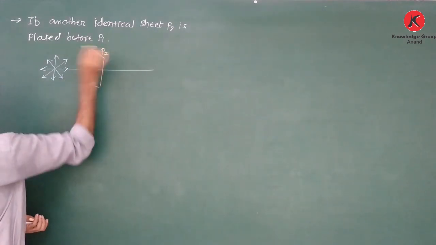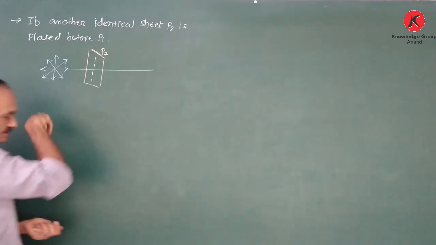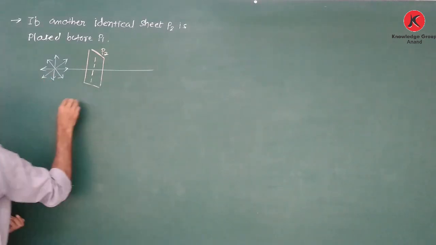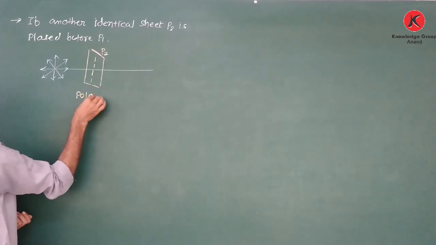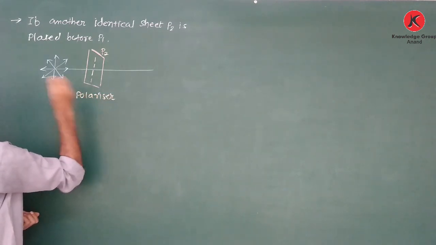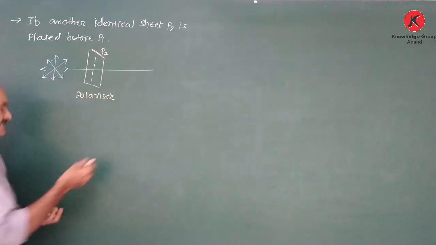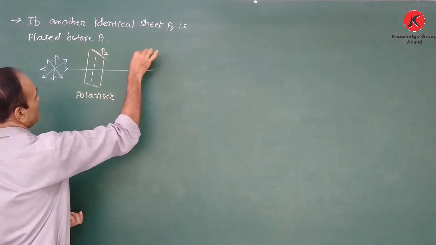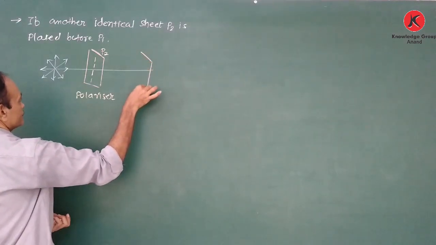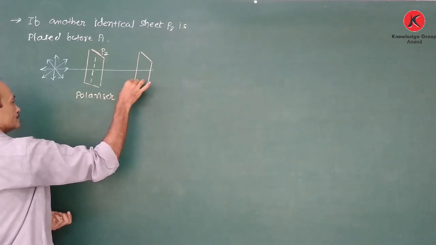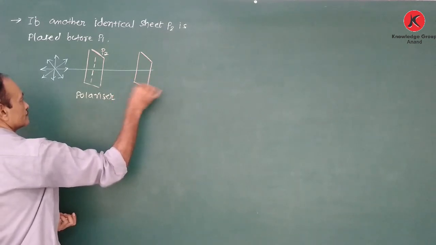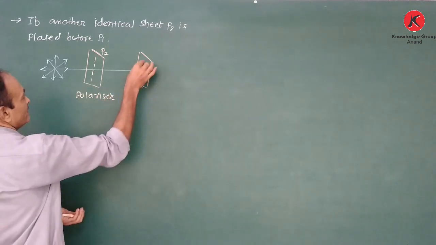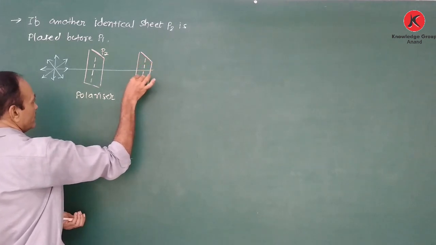There is the polarizer. Now the other sheet we placed parallel to that, its axis also the same, parallel, P1.